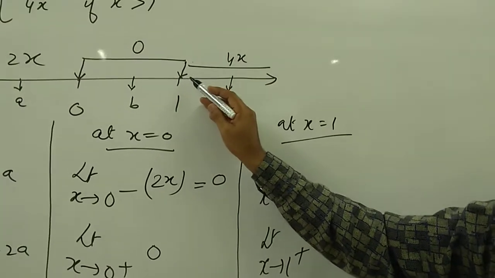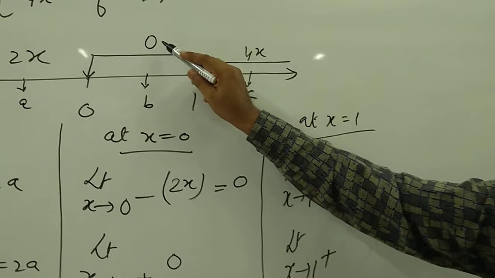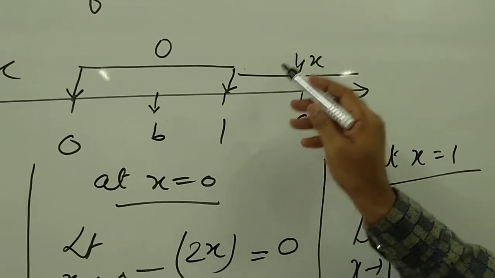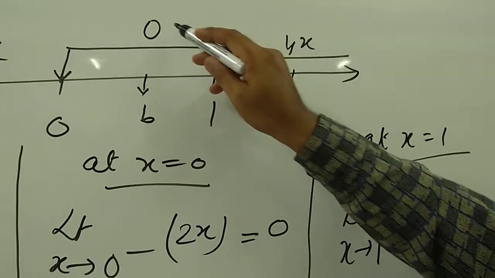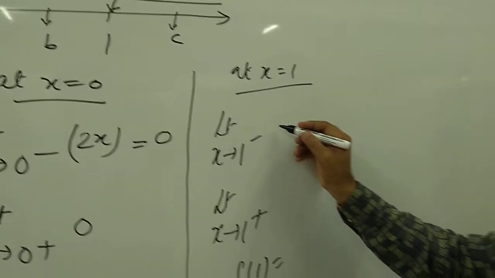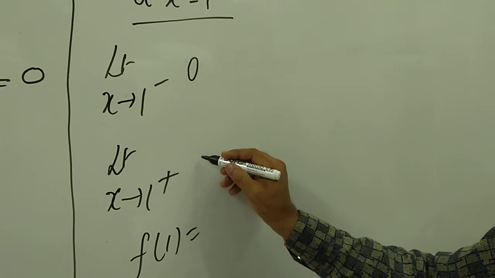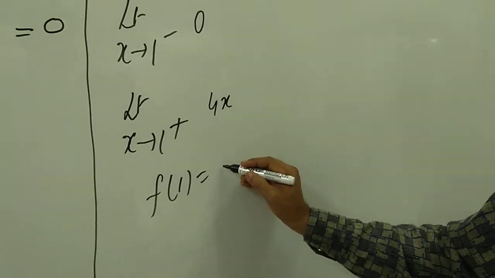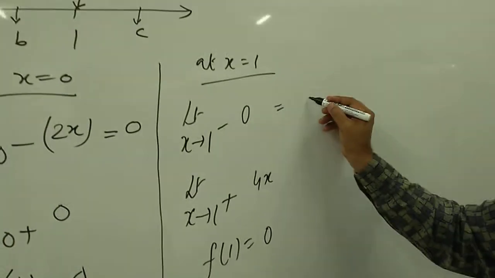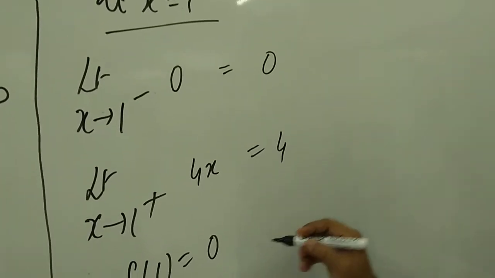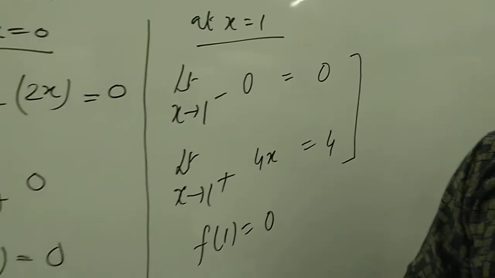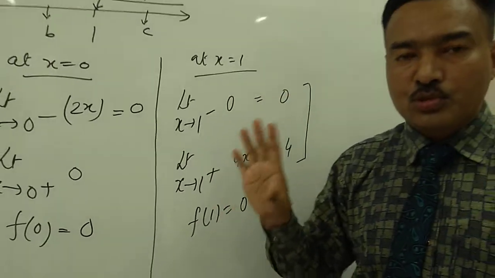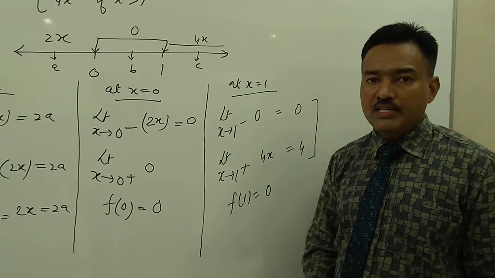To the left of 1 the function is 0, to the right of 1 the function is 4x, and at 1, where it is arrowed, the function is 0. So the function is giving different limits. Therefore, the function is not continuous at x equals 1 only.